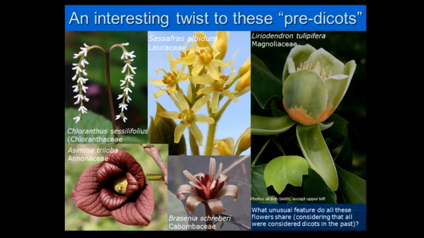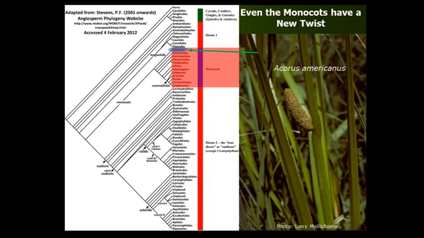Chloranthaceae. That stripped down, just stamens. Sassafras. How many petals does sassafras have? 1, 2, 3, 4, 5, 6. Pawpaws. Look at that. 1, 2, 3. Magnolia. 1, 2, 3, 4, 5, 6. How many stigmas? 1, 2, 3, 4, 5, 6.